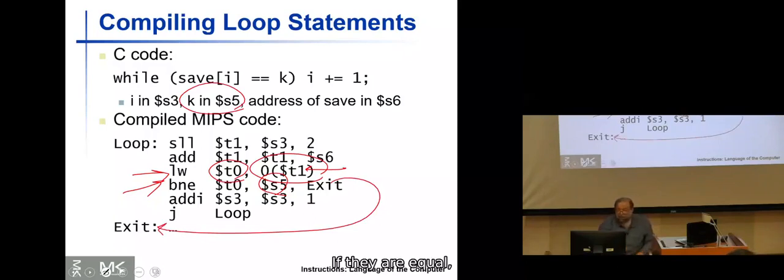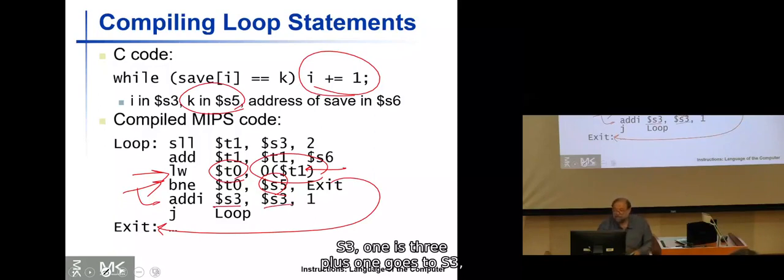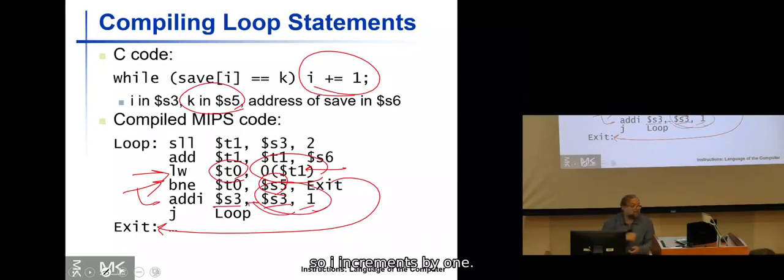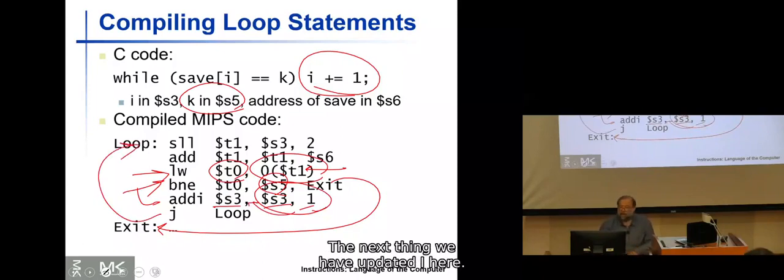If they are equal, we go to the next instruction, which is the increment of I. So add I, S3, 1: S3 plus 1 goes to S3. So I increments by 1, and then we go back again. So we have updated I here.